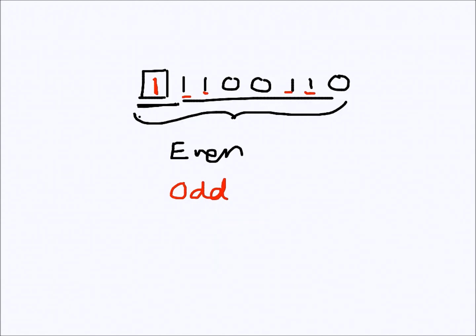Before going into the detection, let's see how these bits can be generated. If we look at an XOR gate, the truth table is: 0 0 gives 0, 0 1 gives 1, 1 0 gives 1, and 1 1 gives 0.